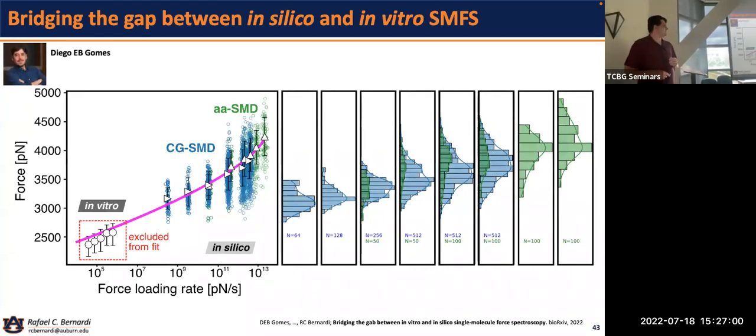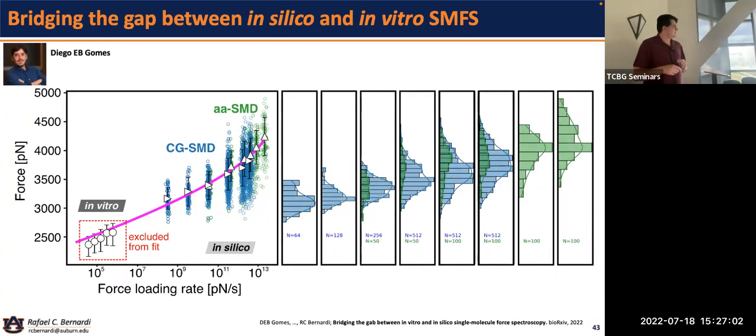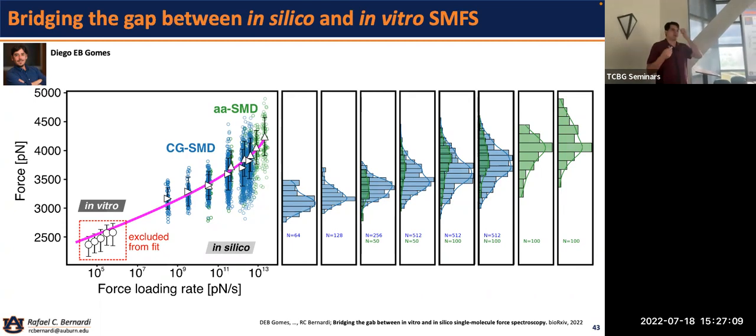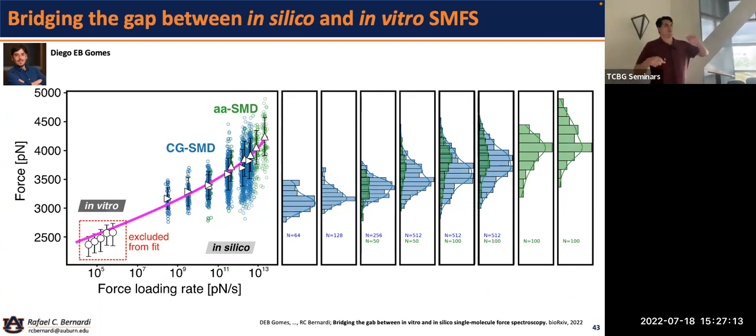So what we did was the following. We went to the smallest speed that we could do with our all-atom simulations, and we compared the same speed with the coarse grain. And then we just assumed that that was a perfect case where they would match, and we used that number to multiply the Martini.